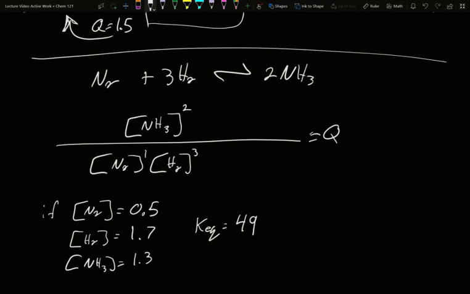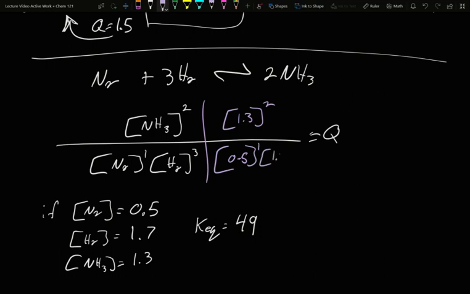Well, how do we apply that? I've got my concentrations, and I have the mass action expression built from the balanced reaction. Well, if we want to plug those values in, ammonia was 1.3 to the second. N2 is 0.5 to the first.